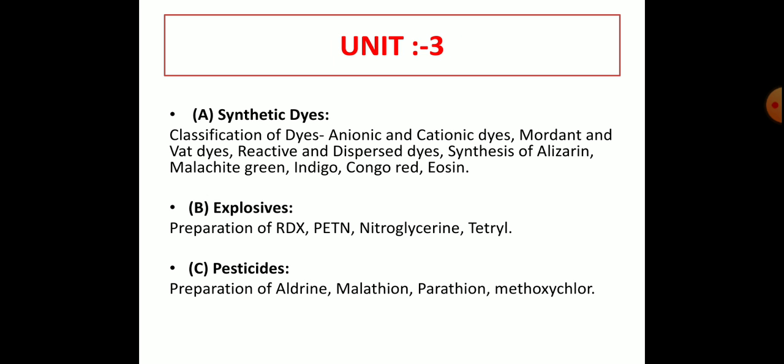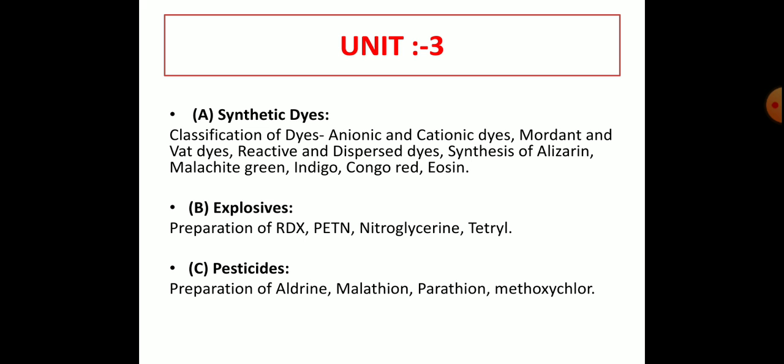Unit 3 contains 3 parts. Part A is synthetic dyes, Part B is explosives, Part C is pesticides. These 3 parts are very important for industrial purposes.